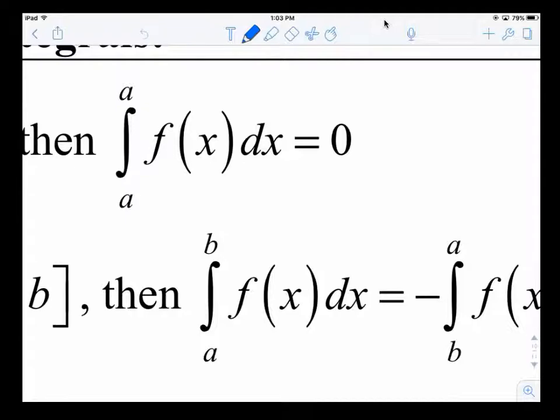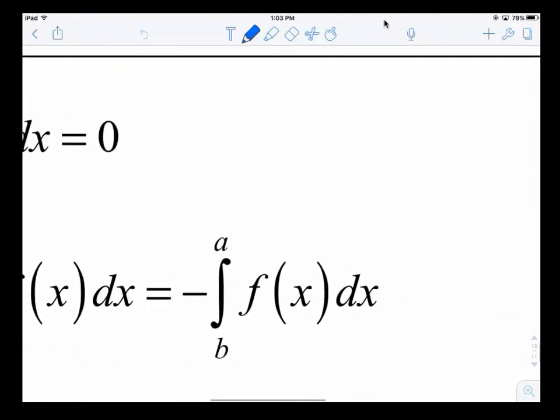That means your answer is 0. Think of it as if I start here and I don't move, I haven't gained anything. Or if you're finding the area of something that doesn't have a width, your answer would be 0.